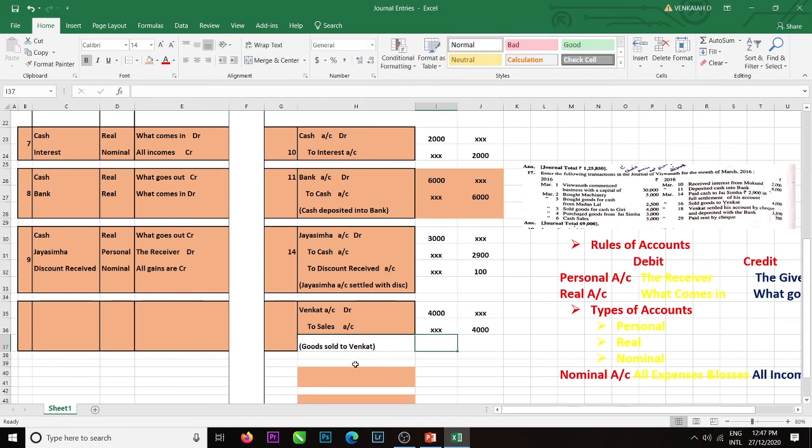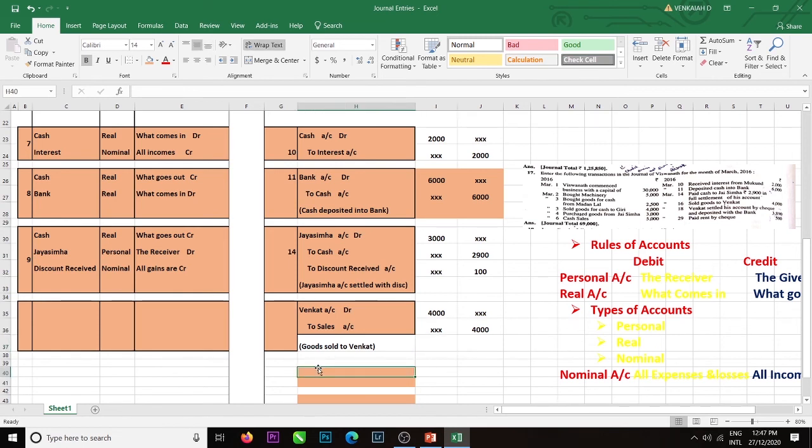Next entry: Venkat settled his account by check and deposited with the bank. Venkat's amount is 4,000. He gave a check of 3,980 and that check was deposited directly into the bank, so we can write bank directly.